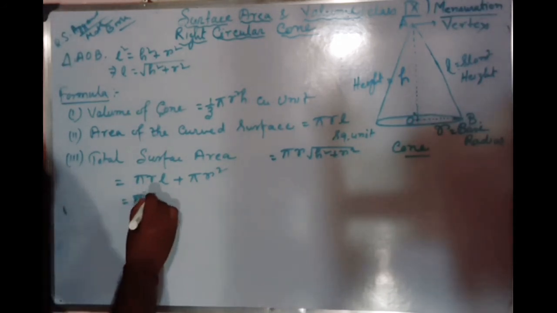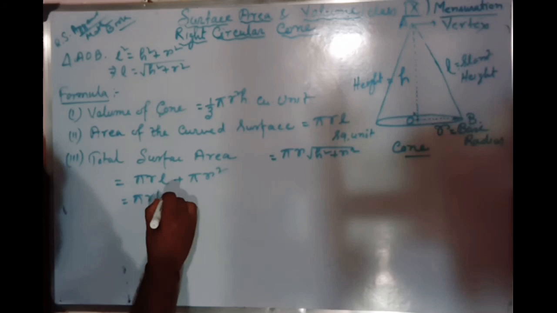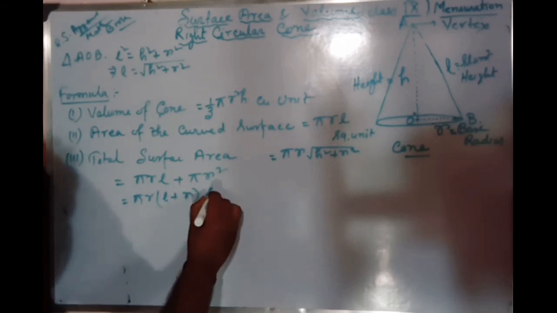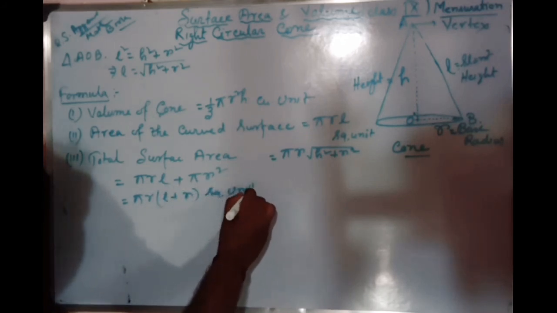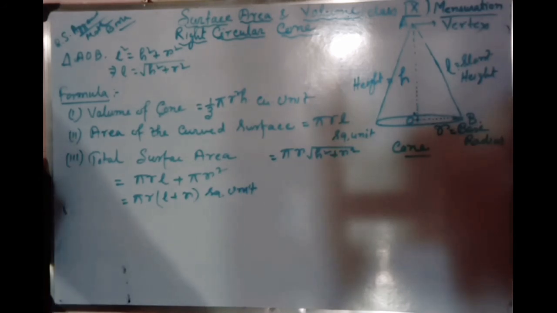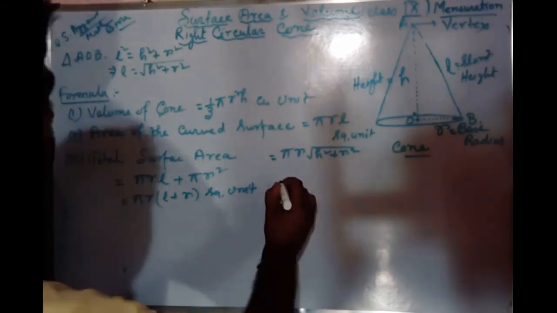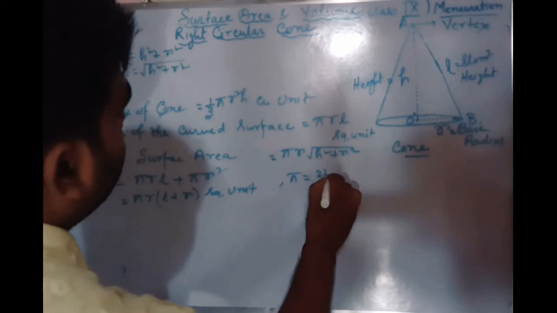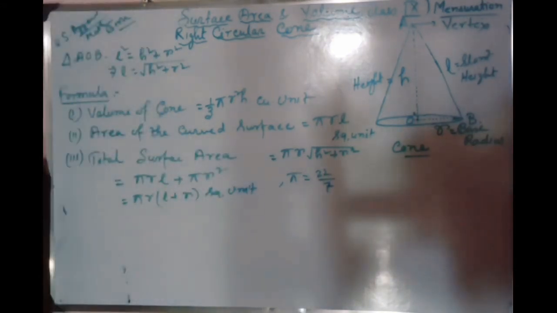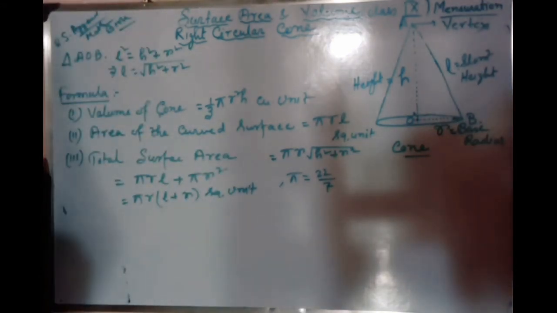Taking pi r as common, it is pi r times l plus r square unit, understood. And here we can take pi as 22/7. So that is the preliminary idea of right circular cone.